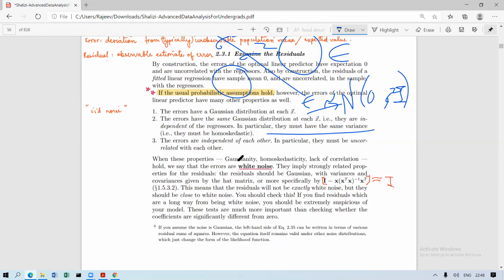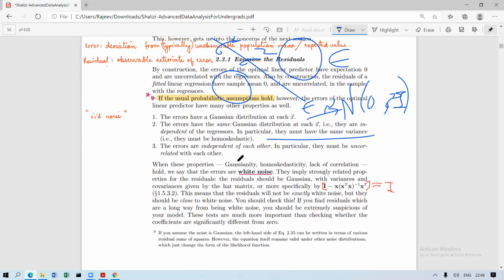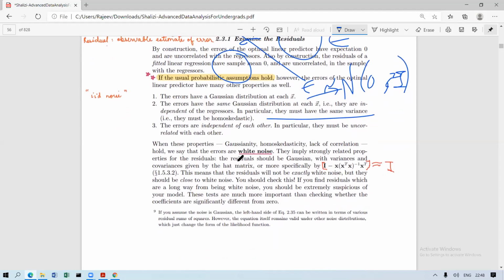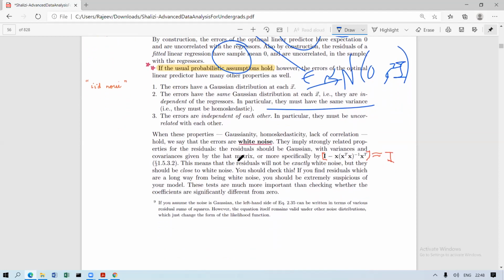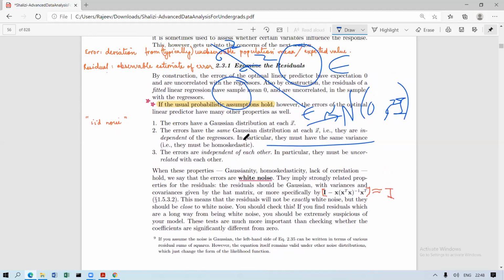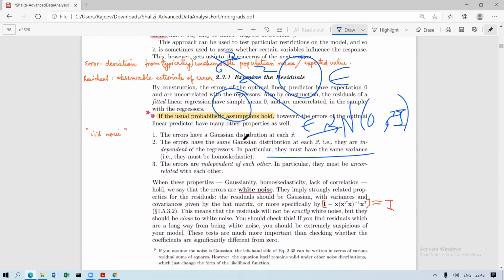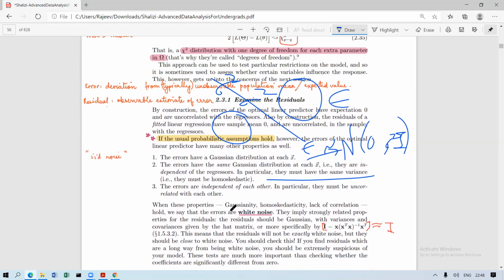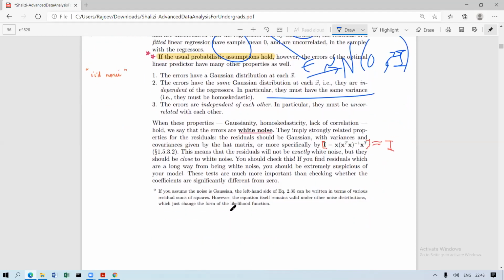So these three assumptions that we have made about our residual, and then he checks that every time you make an assumption about this, you need to validate whether all these assumptions do make sense or not.